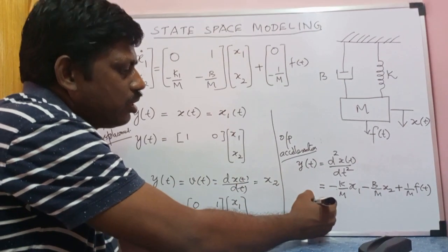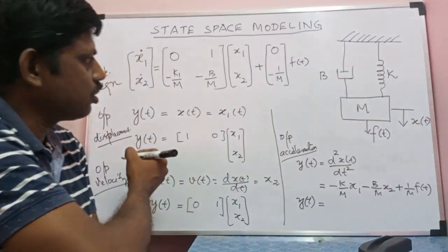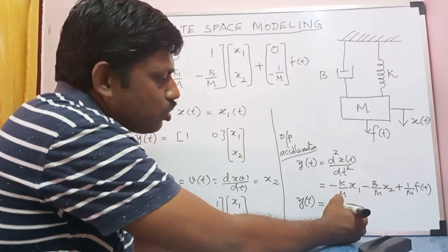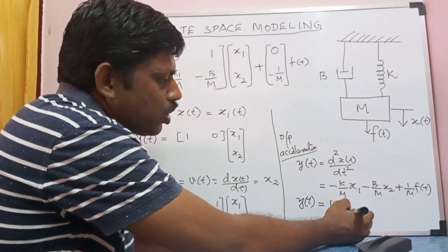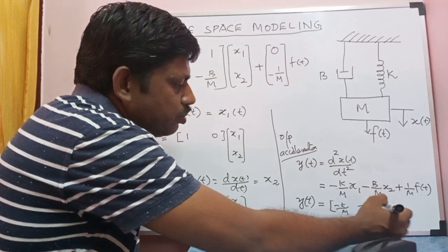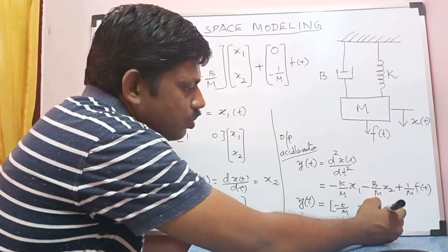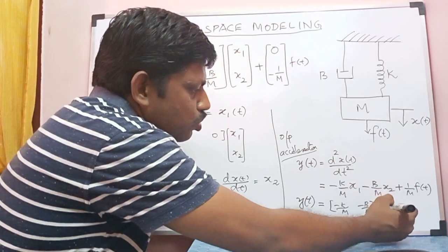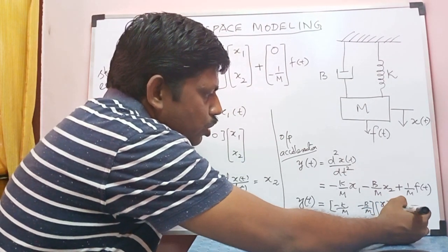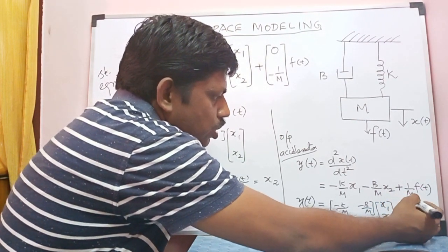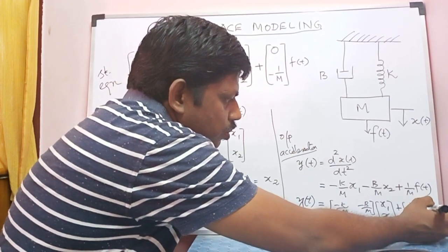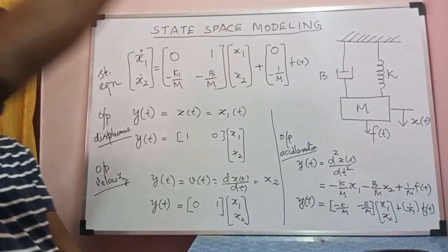So what is it? y of t, I can write it as minus k by m, minus b by m, into x1, x2, plus 1 by m f of t.